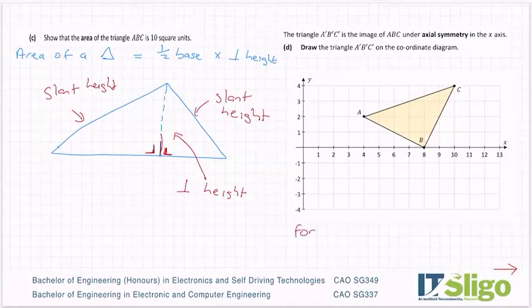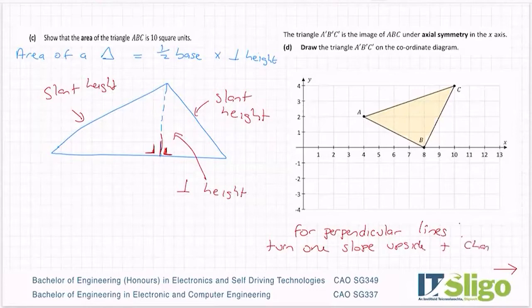Okay, so for perpendicular lines, turn one slope upside down and change the sign. Okay, that sound familiar to everyone? to get the other slope.